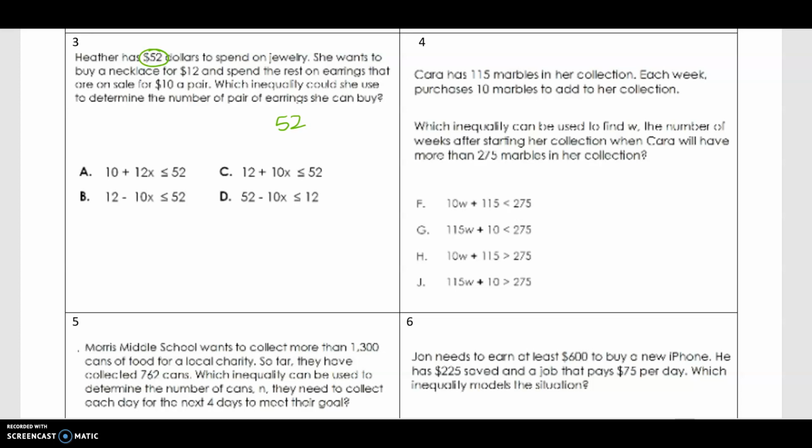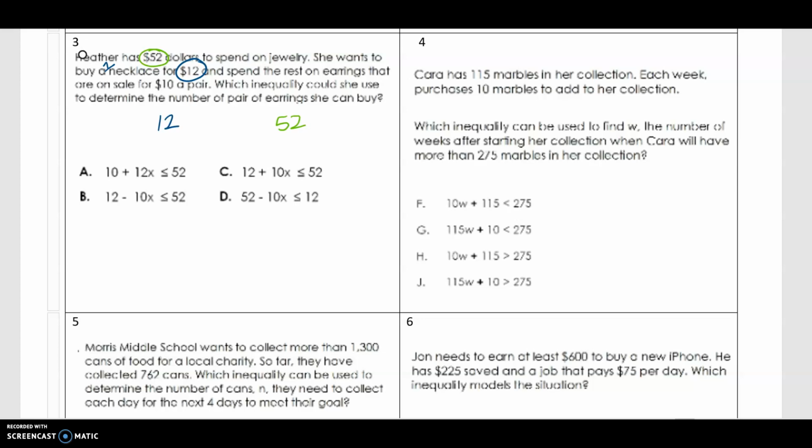Okay, so I know we just talked about a being a word that means to multiply, but we also need to think about the scenario. So she wants to buy a necklace. So how many necklaces are we talking about? Well, if it says a necklace here, we're just talking about one necklace. So I'm buying this one necklace that's $12.